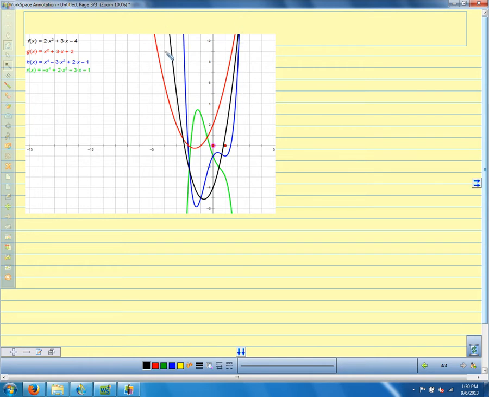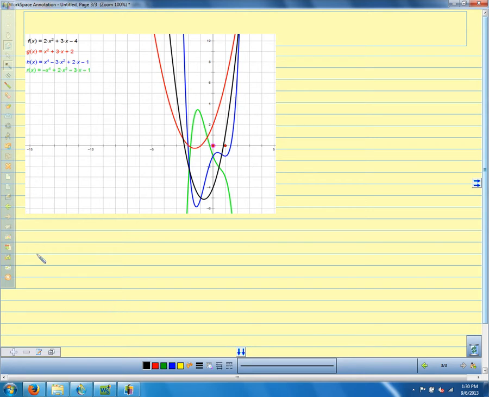Notice how they still open up on both sides, go up on both sides. And in green here we have a 4th power, but a negative sign in front, so that turns it over. And notice how they're smooth, nice smooth turns.